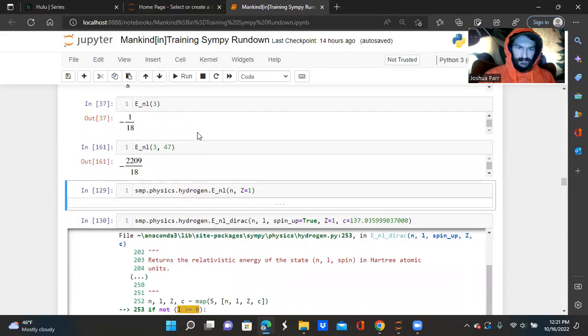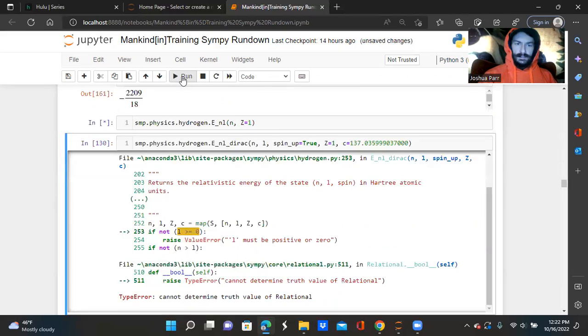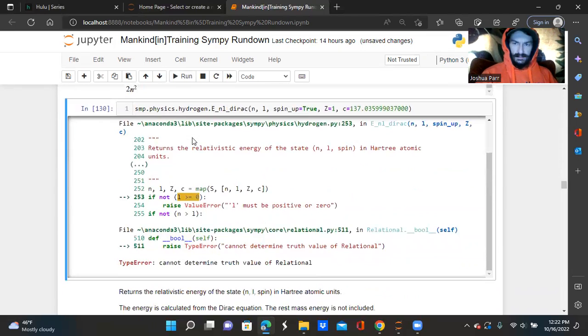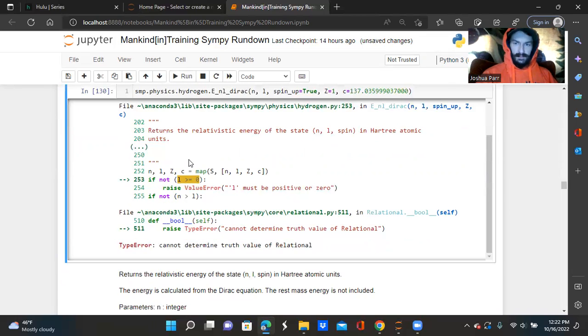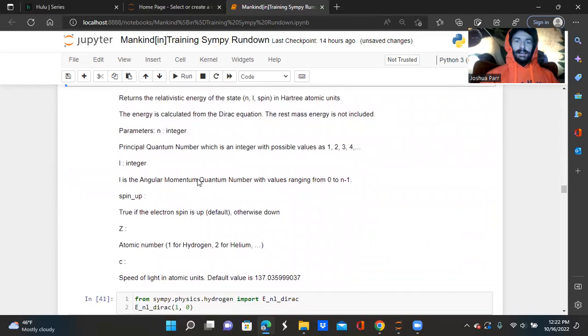So now I'm calling sympy.physics hydrogen, and we get that here. But when I tried, I didn't like something here, returning the relativistic energy state. Anyway, so returning the relativistic energy state, NL, and the spin in Hartree atomic units, the energy is calculated from the Dirac equation.